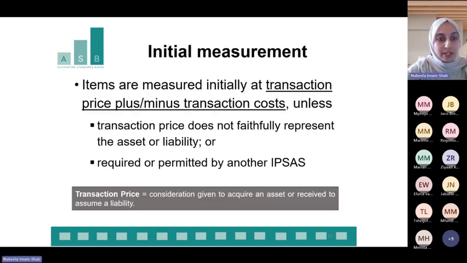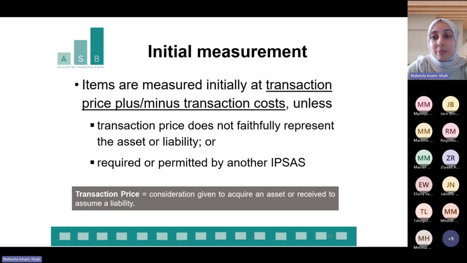Moving on to initial measurement. Items are measured initially at transaction price plus or minus transaction costs, unless the transaction price does not faithfully represent the asset or liability, or it's required or permitted by another IPSAS. Now, transaction price is the consideration given to acquire an asset or received to assume a liability.